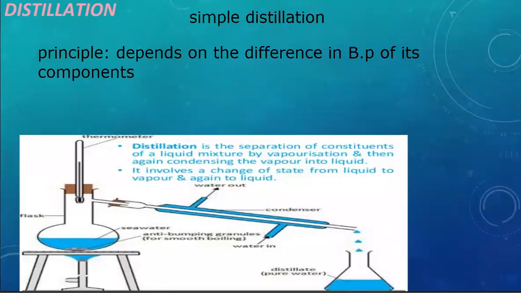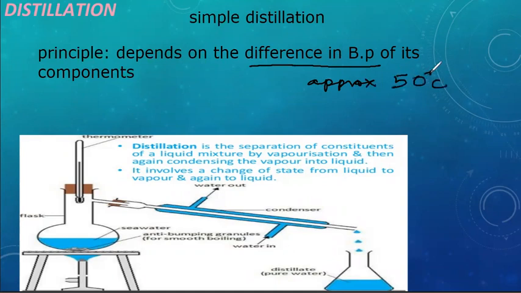That means we can separate substances or mixtures which have a large difference in their boiling points. A large difference is approximately more or less than 50 degrees Celsius.